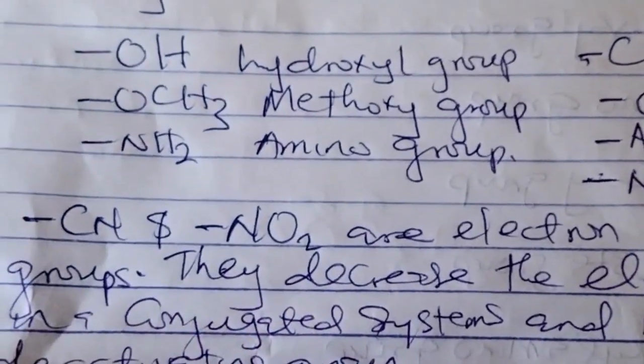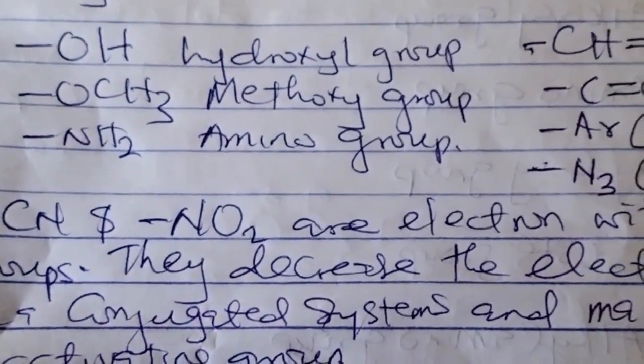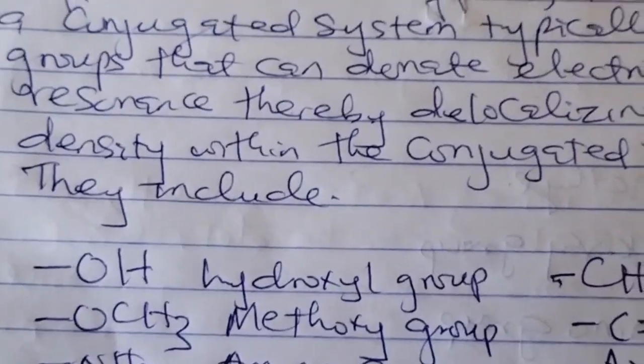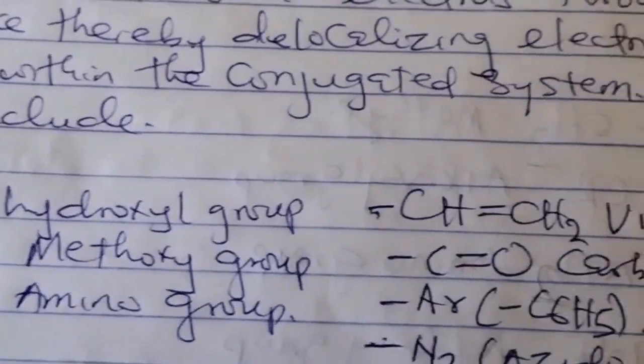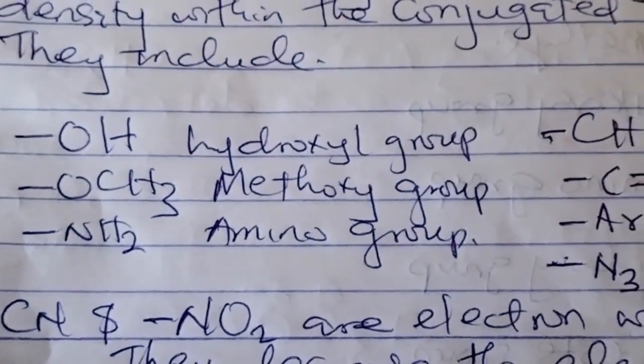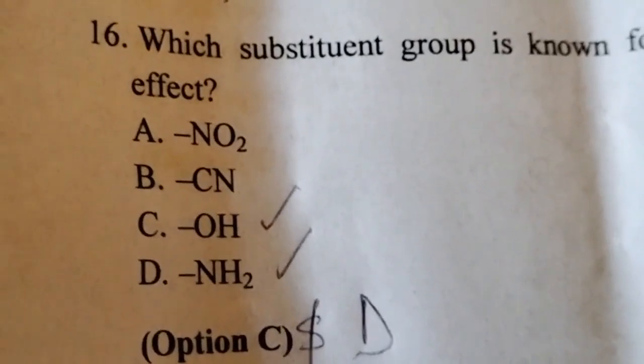Electron withdrawing groups are always negative, while the electron donating are positive. Sorry for the error.